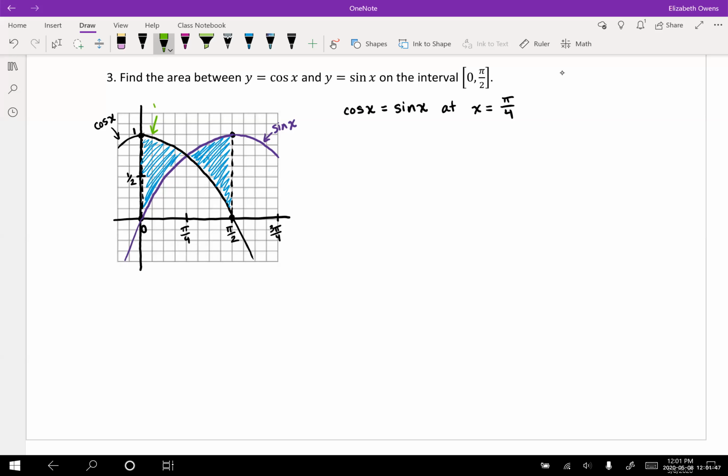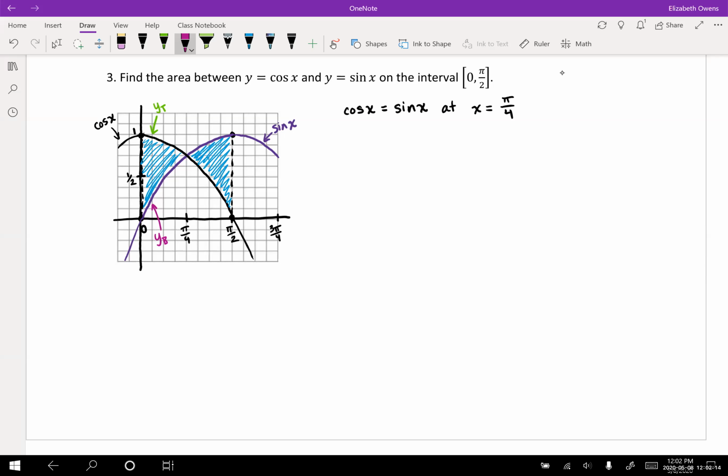So that would be our yt over here, the cosine. And then our bottom function, the yb, would be the sine function, which is graphed in dark purple there. Sorry if you can't see that too clearly, but that is the sine function coming in on the bottom there.